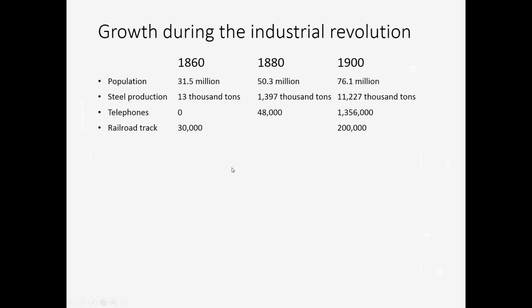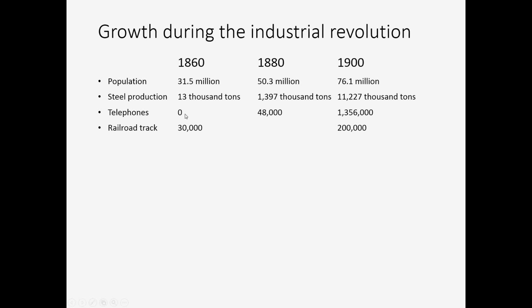Just to give you a sense of some of the growth that happened during the Industrial Revolution, look what happens to population. It goes up by about 2.5 times in 40 years. That's very rapid growth. Steel production goes from almost nothing to 11,000 tons of steel by 1900, and this would continue to expand very rapidly into the 20th century.